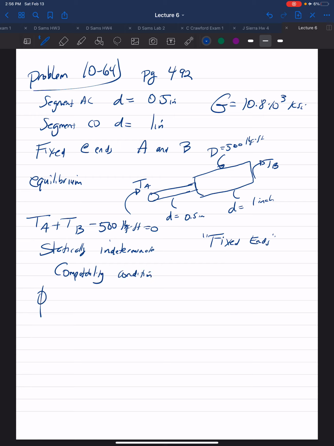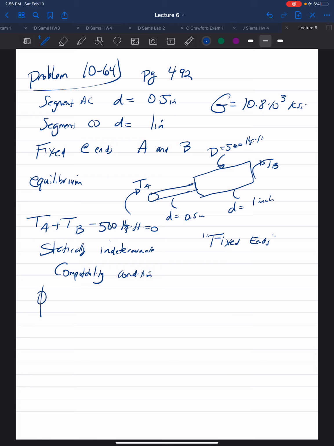So, with that being said, for our angle of twist from D to A, we have to consider the change in diameter. The torque experienced in this section is consistent throughout AD, but the diameter in section AC is different than the diameter in section CD.